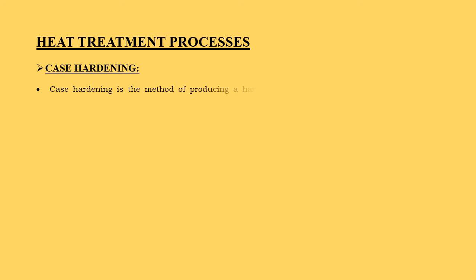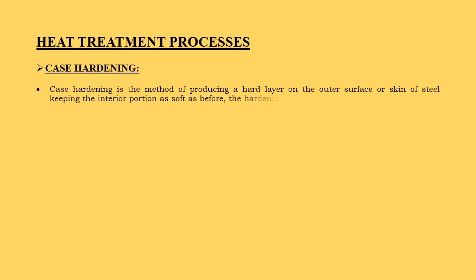Case hardening is the process of producing a hard layer on the outer surface of steel, keeping the interior portion as soft as before. The process is carried out by increasing the percentage of carbon in steel on its outer surface.